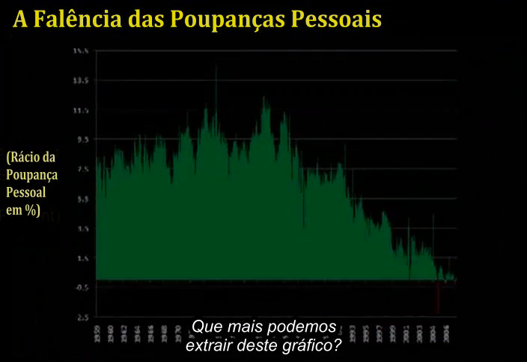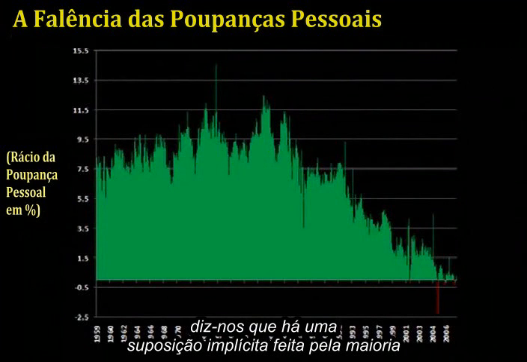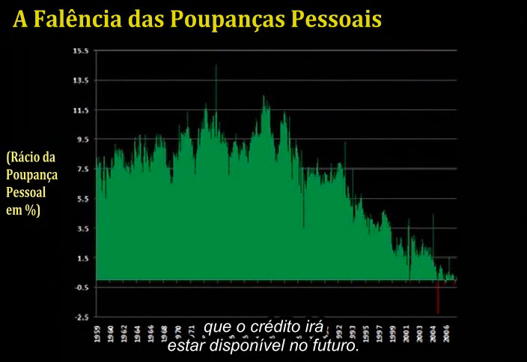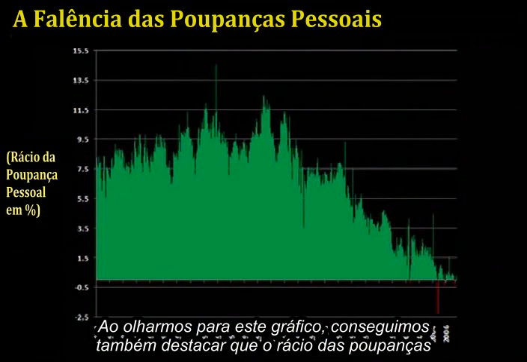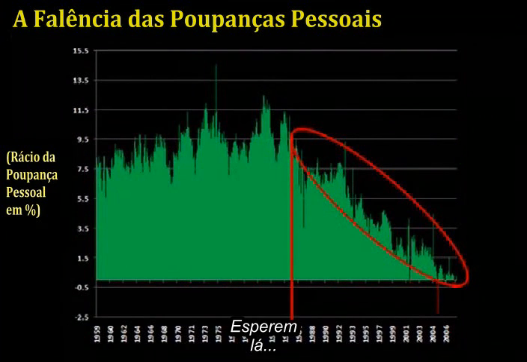What else can we note about this chart? For starters, a persistently declining savings rate tells us that there is an implicit assumption by the majority that credit will be available in the future. As we look at this chart, we might also note that the savings rate began its decline right around 1985. Wait a minute.